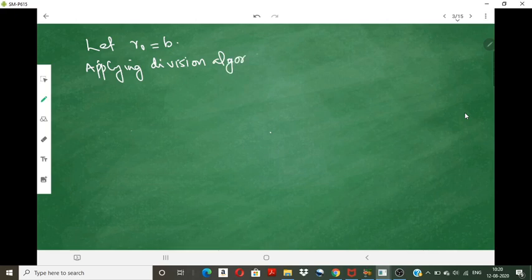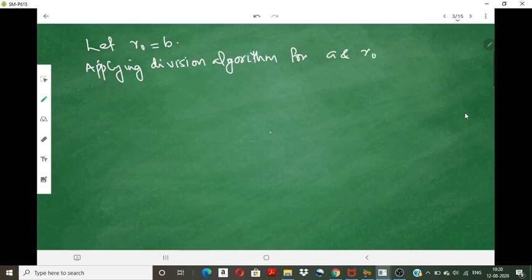Okay, a is greater than b. For convenience, we take b as r naught, so let r naught be equal to b. Then by successive application of the division algorithm, we get a sequence of equations. Now apply the division algorithm for a and r naught.